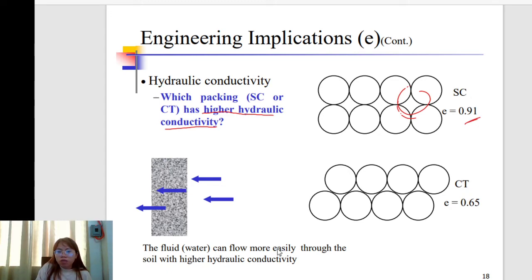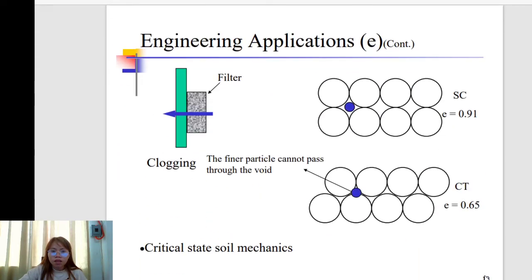The fluid water can flow more easily through the soil with higher hydraulic conductivity. So actually the SC, or simple cubic, has the higher hydraulic conductivity because of bigger voids. This represents the void here, so the water just passes through.